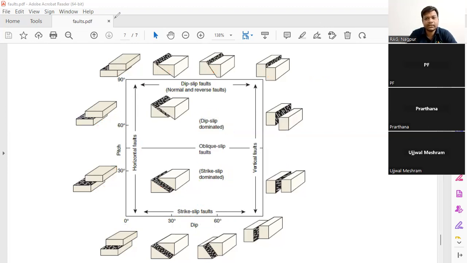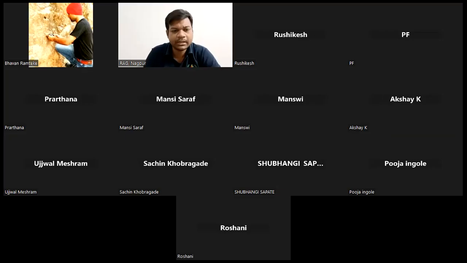So this is the basic classification, which is based on its dip or its movement. Understood so far? Yes, sir.